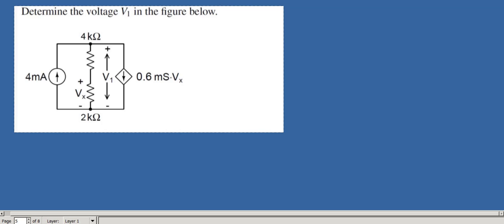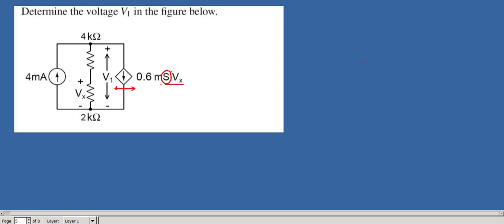Here you can observe that this is a dependent current source. You can observe that 0.6 milli S into Vx. What is S here?